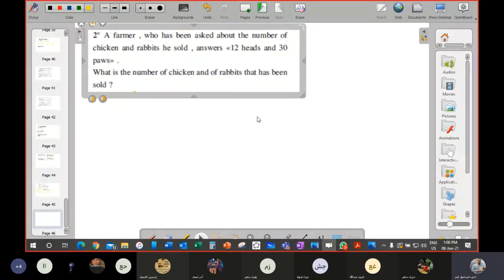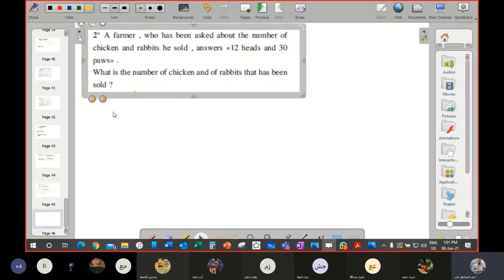Let's reread it. A chicken has 2 legs, while a rabbit has 4 legs. The answer was 12 heads. Each chicken and each rabbit has only 1 head, right? And 30 paws.